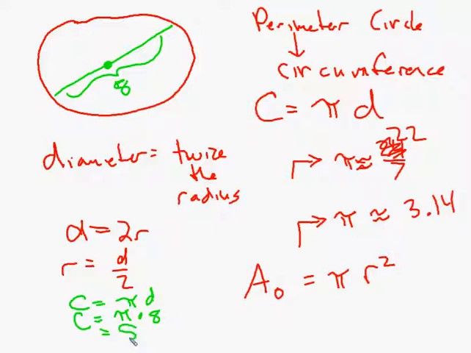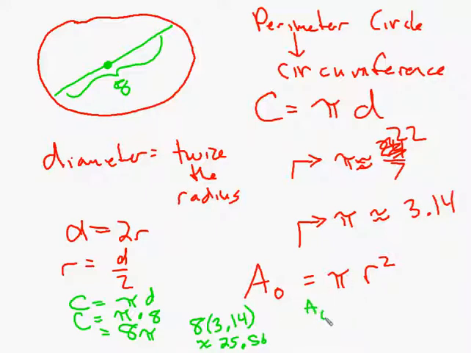I'll replace the pi with 3.14 and get, with our calculators, about 25.1. We'll keep 2 decimal places unless we are told to round. All right, so area is going to be pi times the radius squared. Now what's the radius? 4, half the diameter.